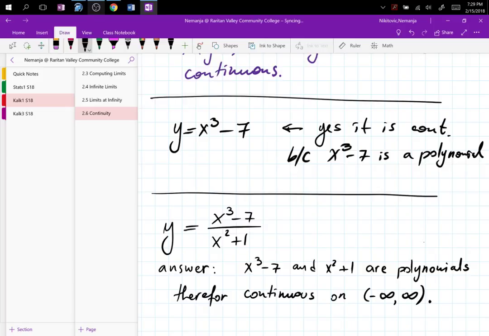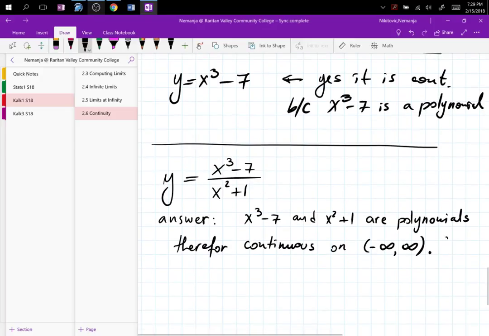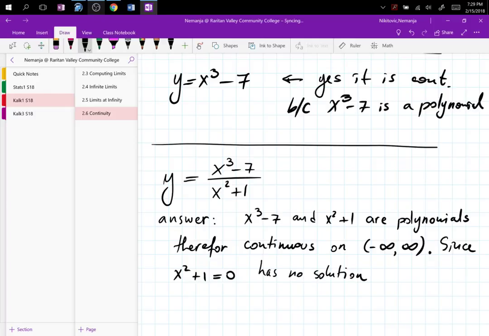So now, since x squared plus 1 equal to 0 has no solution, the denominator will not produce discontinuities.